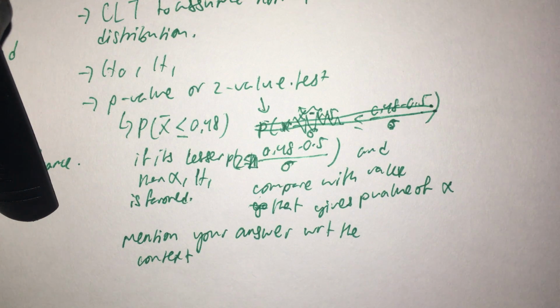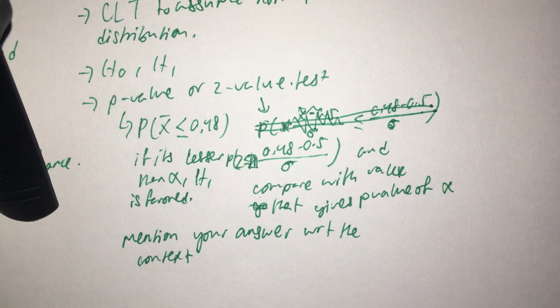So you're trying to see what's the probability of x bar being less than 0.48, and this will be dependent on your variance actually. The variance can really change a lot of things. So make sure your variance is correct, and as I said, you must look at it in terms of the sampling chapter. So if, for example, you have non-normal data, you must do that whole thing with the population variance over n.